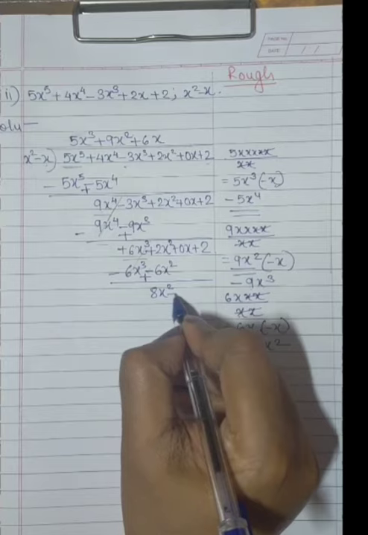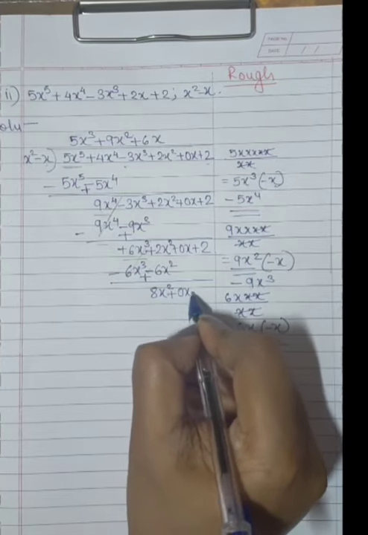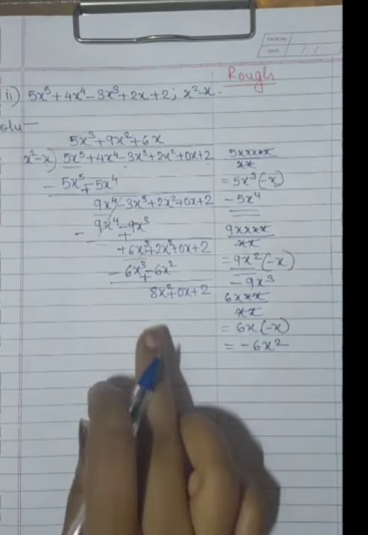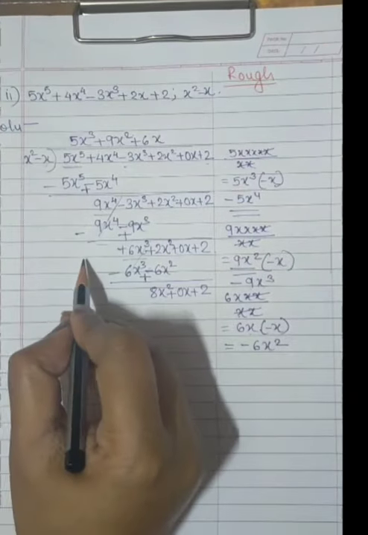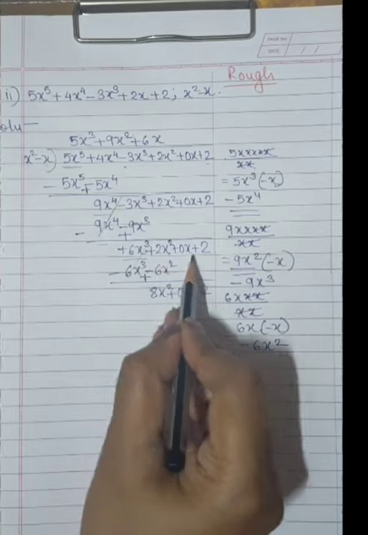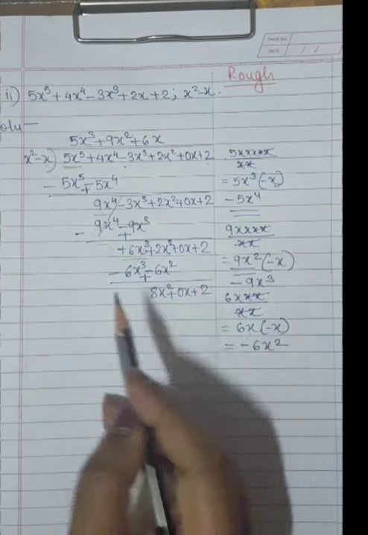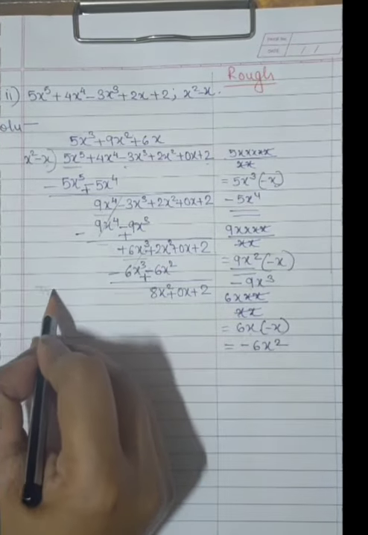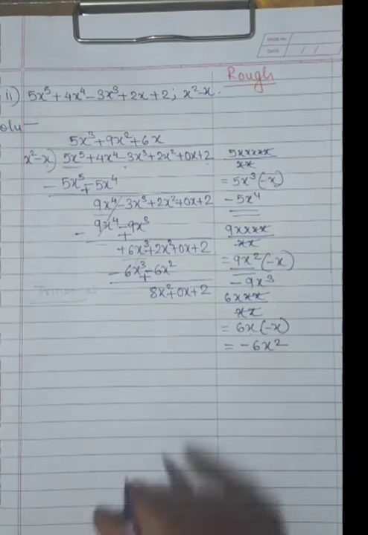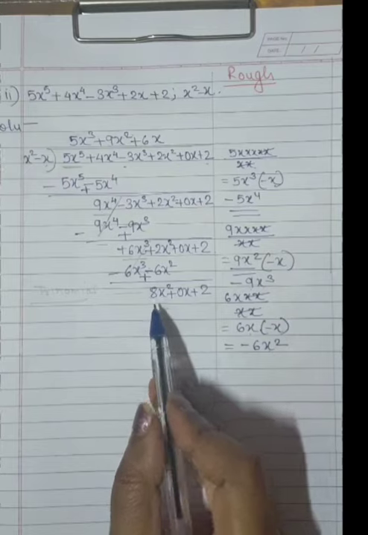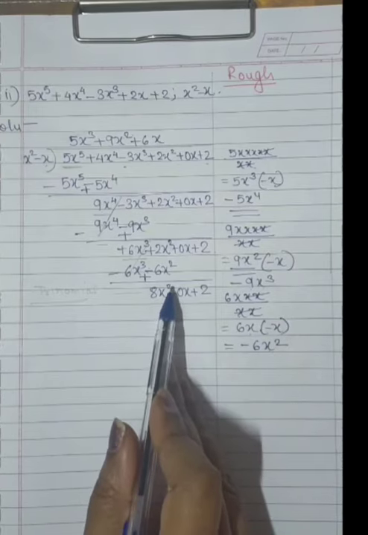Again the remaining term we have to write as it is. So I am writing. So as you can see here, we got a trinomial. Now next step, what we got here? Now we got 8x².